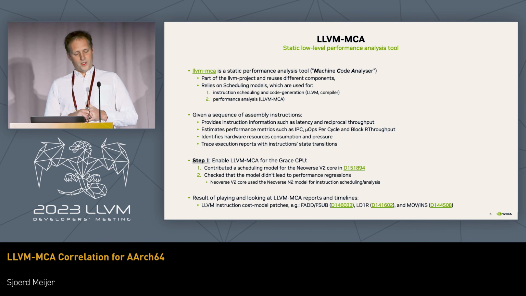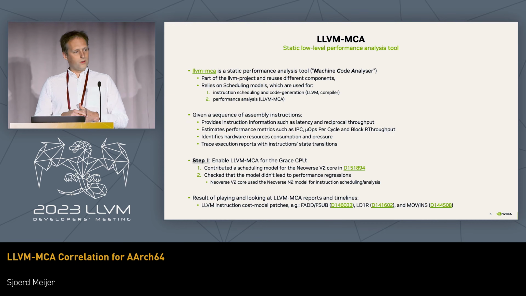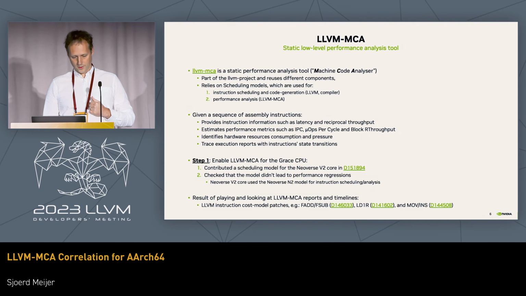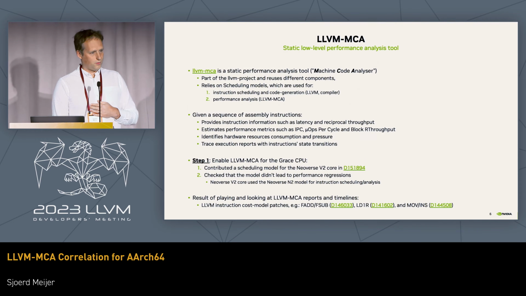Secondly, it is also used by LLVM-MCA for the performance analysis. And that's going to be our use case. So with LLVM-MCA, you can give it a sequence of assembly instructions, and then it provides instruction information such as the latency and throughput, as I showed you in the previous slide. It can give a lot more insights too.